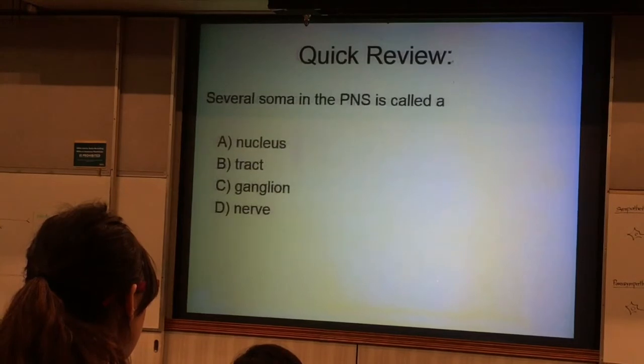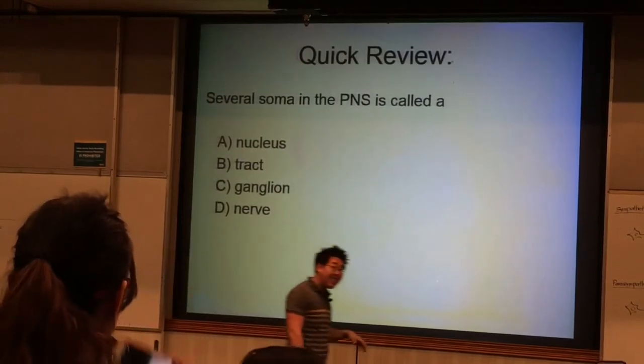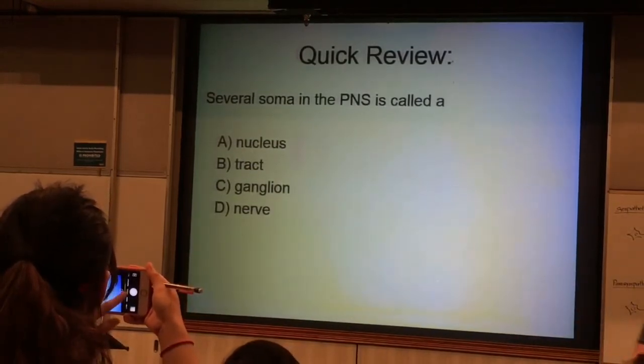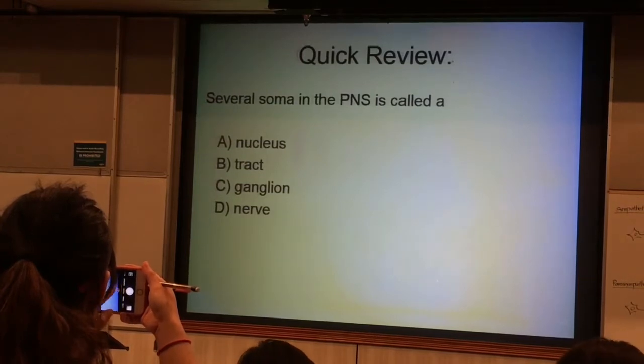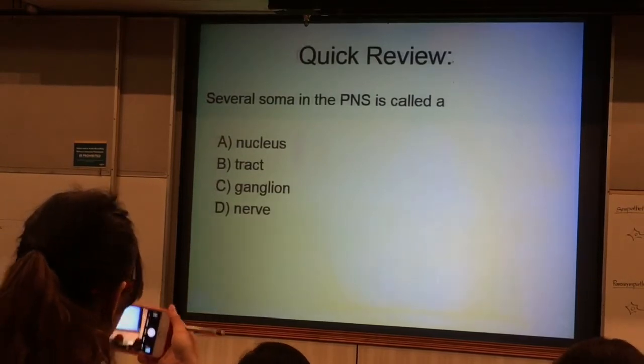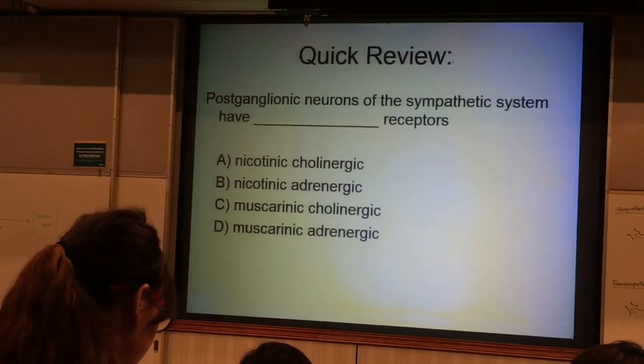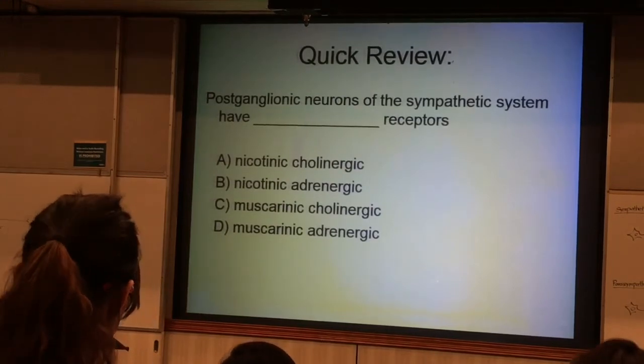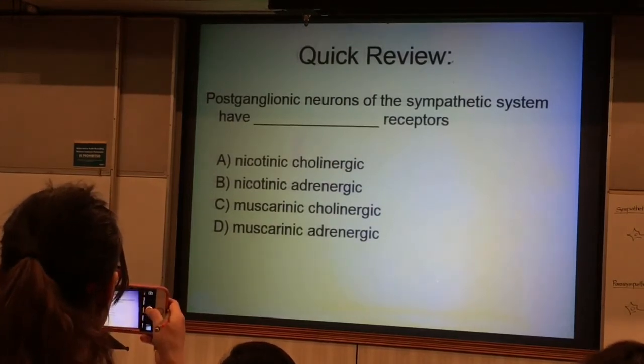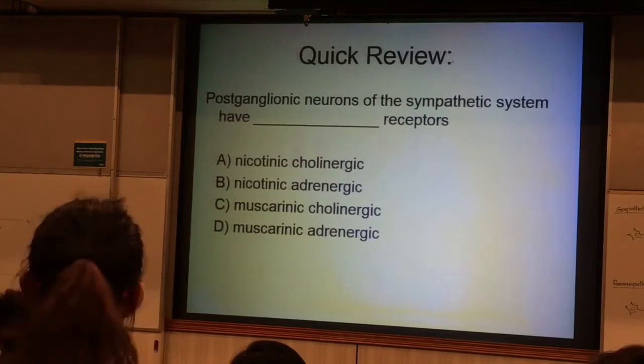Okay, my bad. Okay, a cluster of somas in the PNS is called what? C, that should be called a ganglion, perfect. Postganglionic neurons of the sympathetic system have what receptors?